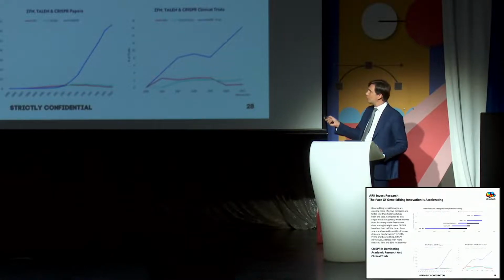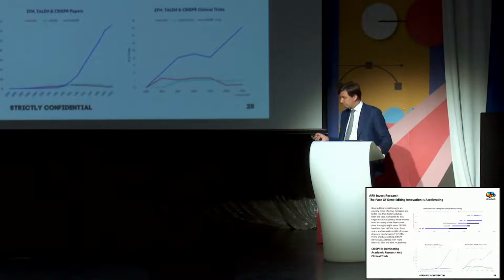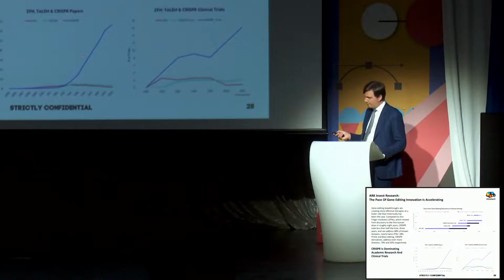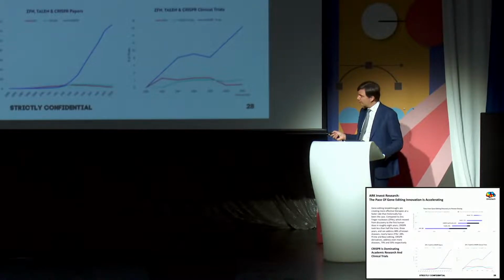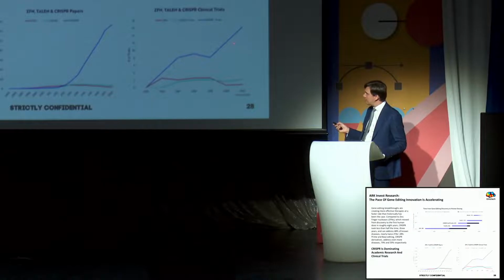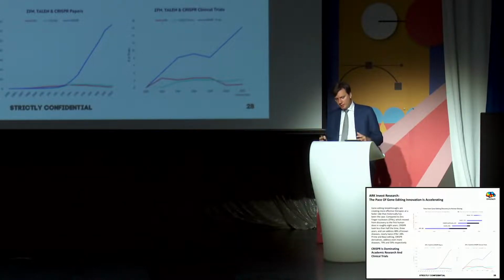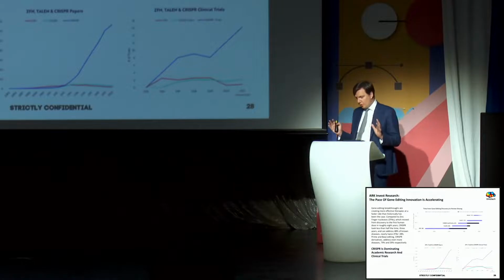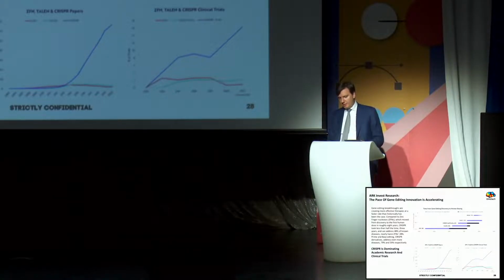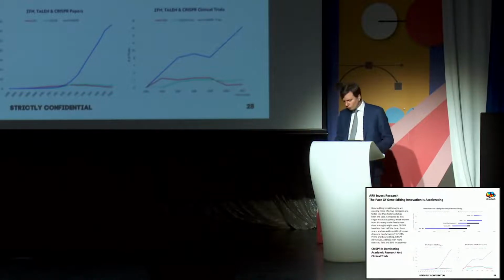So these three technologies, which we've seen, and if you look at these two charts, show that in the academic space and in terms of clinical trials, CRISPR is now dominating. But CRISPR is changing all the time, so it gets better and better. So in the gene editing space, the technology which would probably dominate is CRISPR.